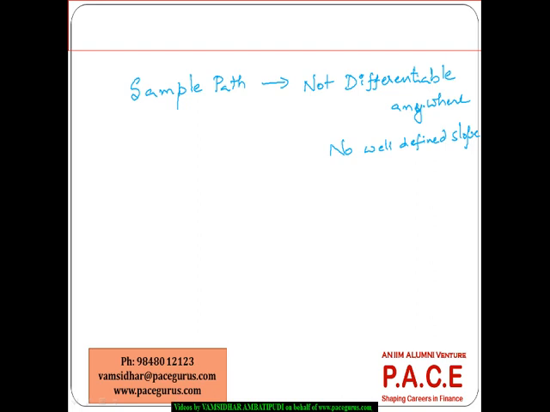In another way, if I have to put it, at any particular point t0, the probability that a sample path of a typical Brownian motion is differentiable should be equal to 0. So this is one more important property that is associated with the typical Brownian motion.